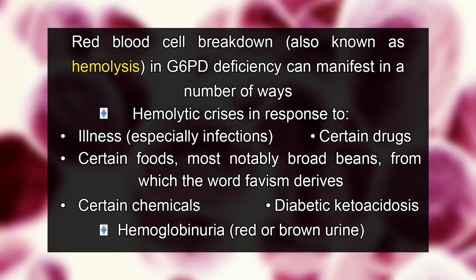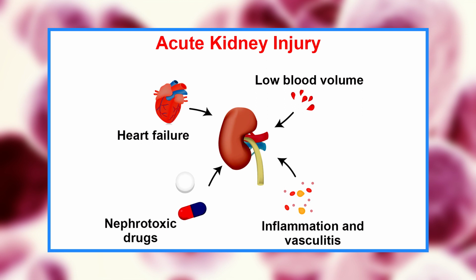Hemolytic crisis in response to illness, especially infections. Certain drugs, certain foods, most notably broad beans, from which the word favism derives. Certain chemicals, diabetic ketoacidosis, hemoglobinuria, red or brown urine. Very severe crisis can cause acute kidney injury as well.